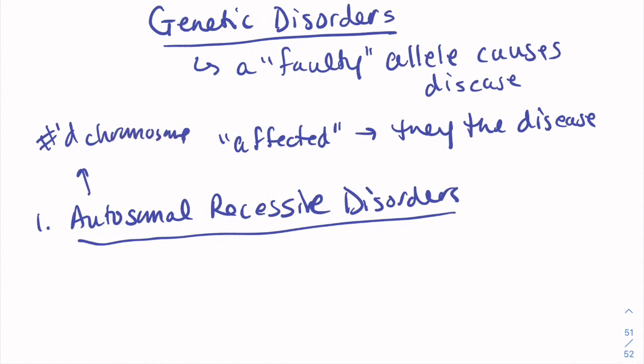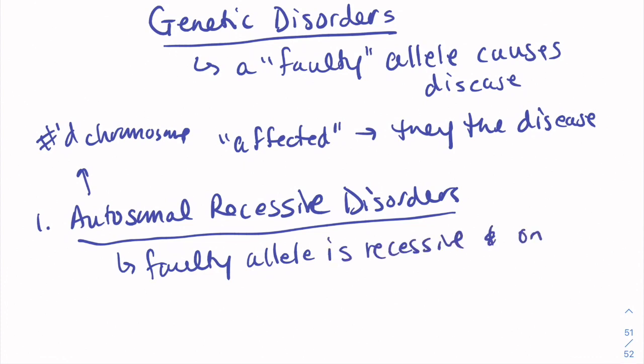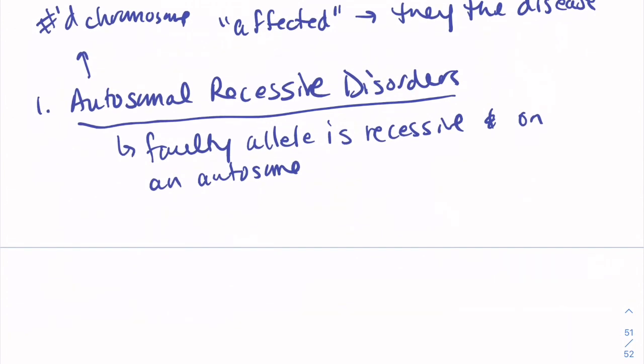An autosomal recessive disorder occurs when the faulty allele is recessive and is on an autosome. So, the faulty allele is recessive and on an autosome. Again, an autosome is a numbered chromosome. It's a chromosome that is not a sex chromosome.